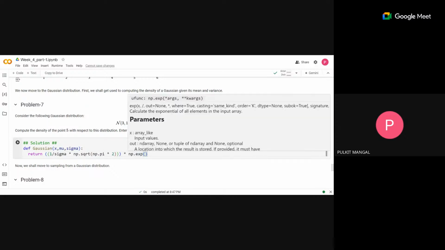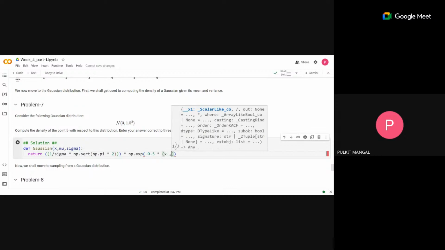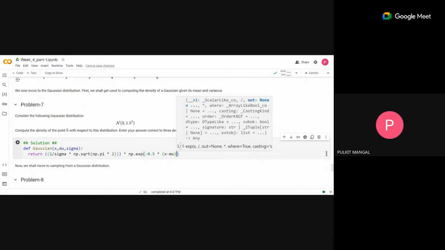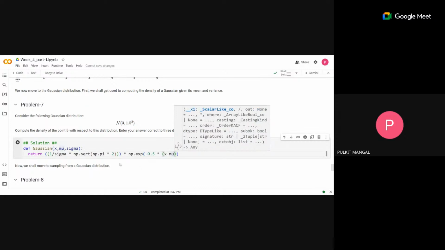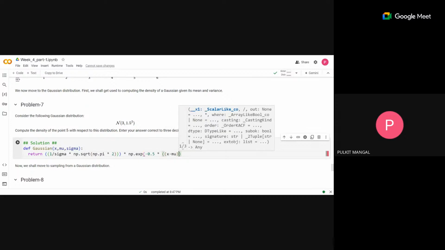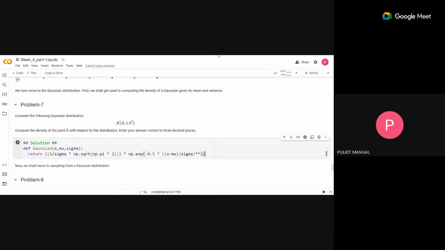Minus 0.5 into x minus mu by sigma, and we will do the square of it. Is this part clear, how I wrote it?